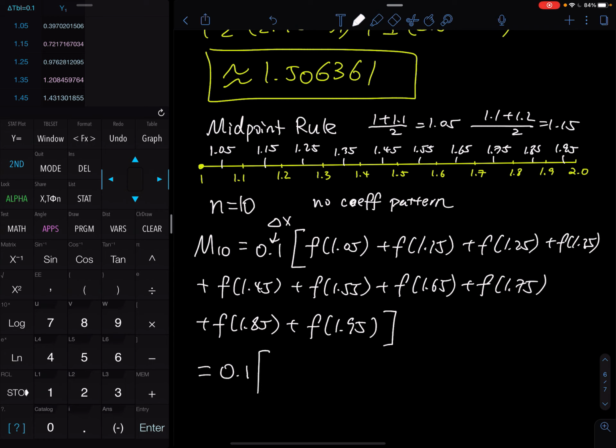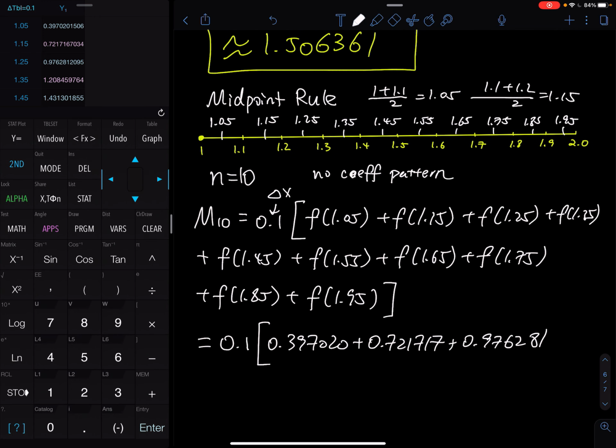Okay, we have lots of numbers to write. So the first one is 0.39, 70, 20, and then 0.72, 1717, and then 0.9762, 81. And then we keep moving, 1.20, 84, 60, and then 1.43, 1302, and then we need the 1.55 and the rest.